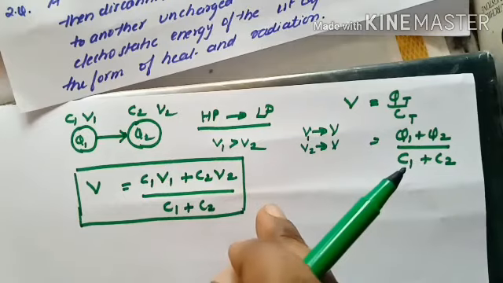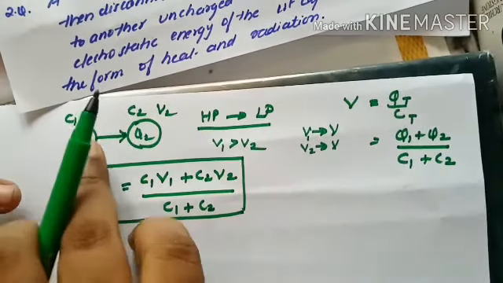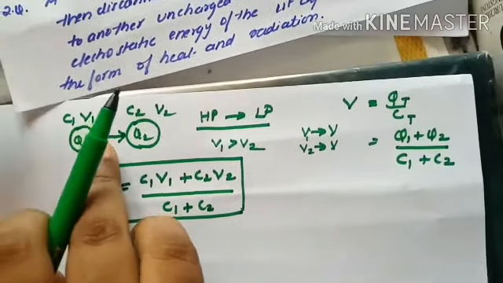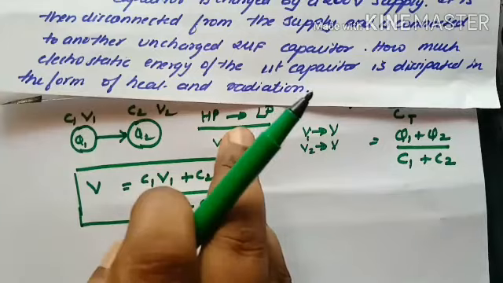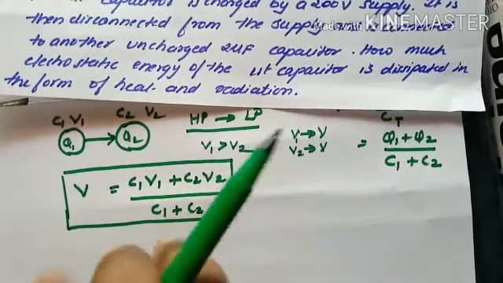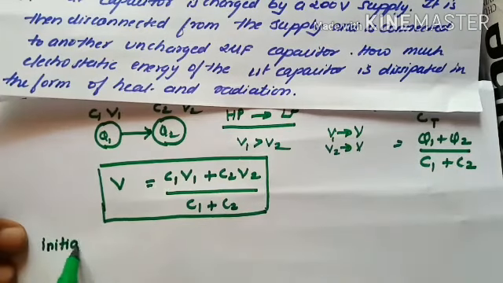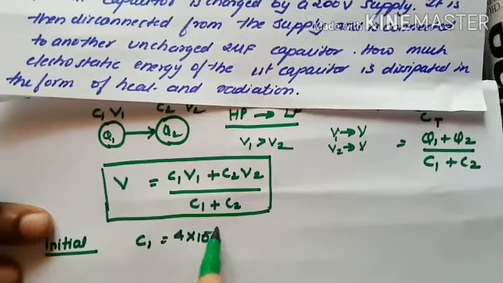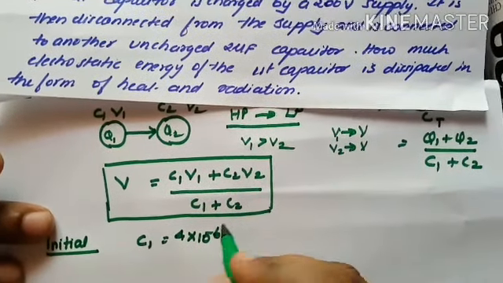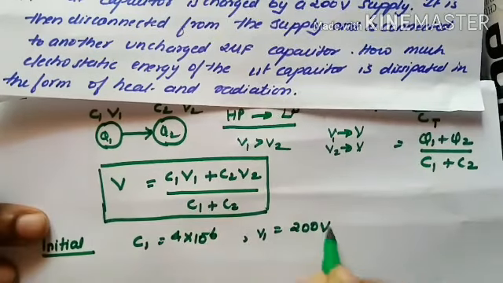Initially you have a capacitor C1 with the voltage V1, right? I can find the energy for that initial condition. C1 is 4 into 10 to the power minus 6, micro, and V1 is given as 200 volt.